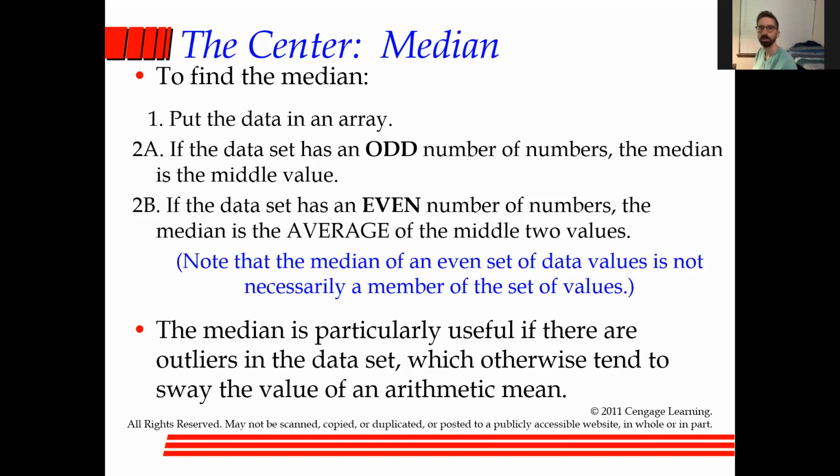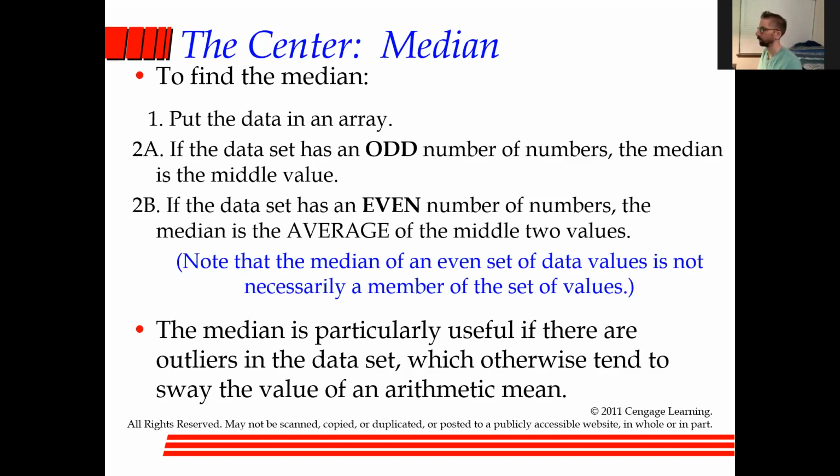If you took 1,021, added 1, which is 1,022, and divided by 2, you get 511. The 511th position in the data set is going to be your median. If you have an even number of numbers in your data set, then it's the average of the 2 middle values after you've ordered the numbers from smallest to largest.